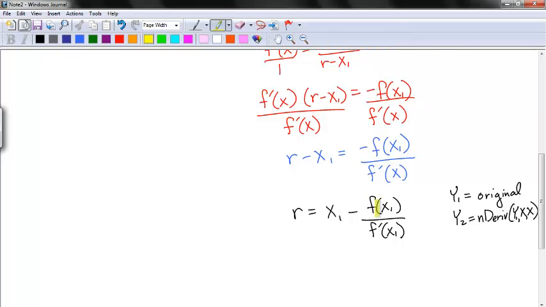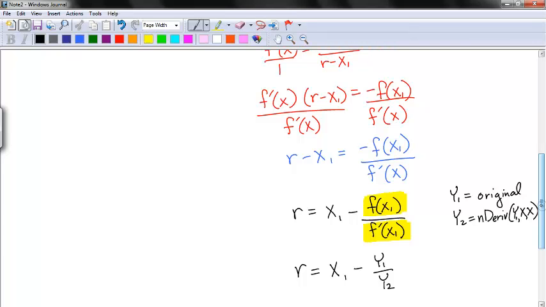Here's the original, so that's y sub 1. Here's the derivative, that's y sub 2. So the formula becomes the root equals x sub 1 minus y sub 1 divided by y sub 2. Okay? And then you're going to press enter several times until all the decimals are alike.